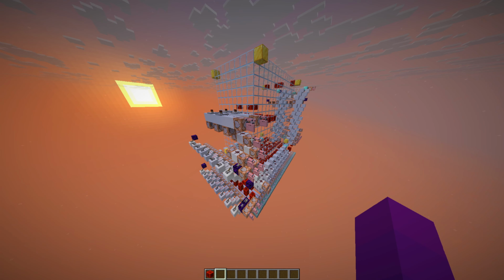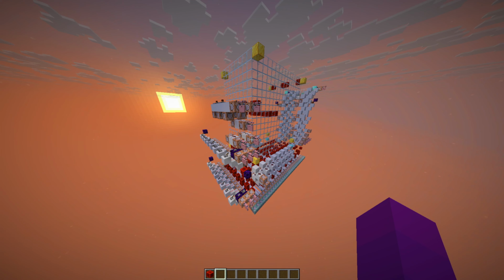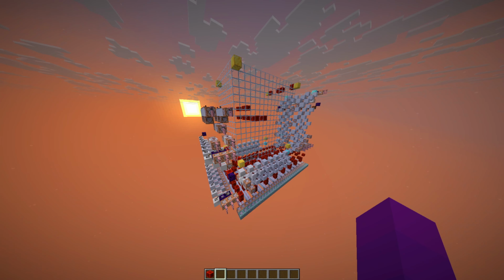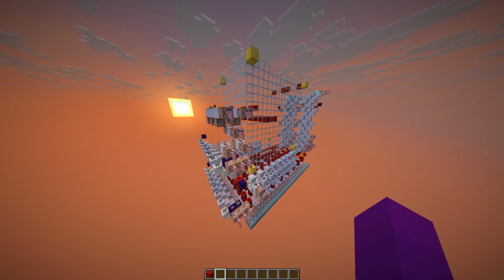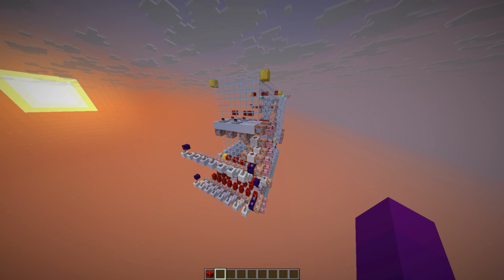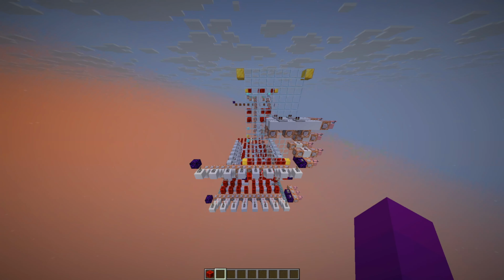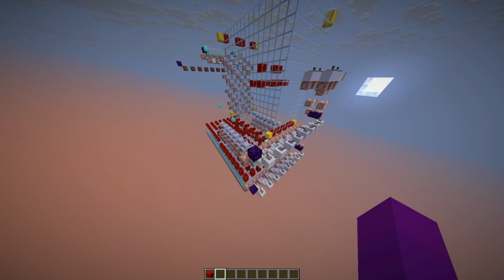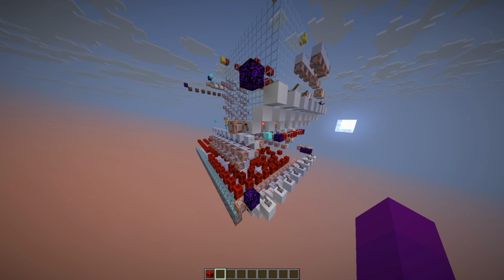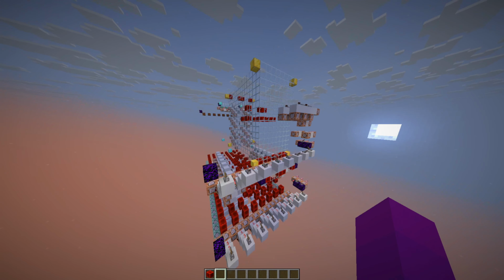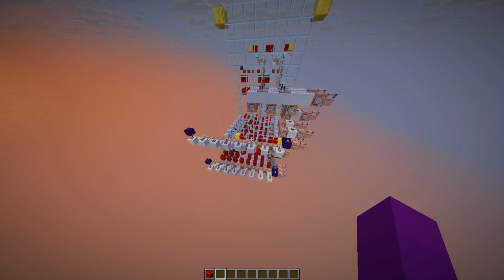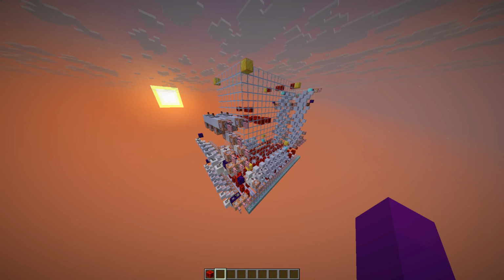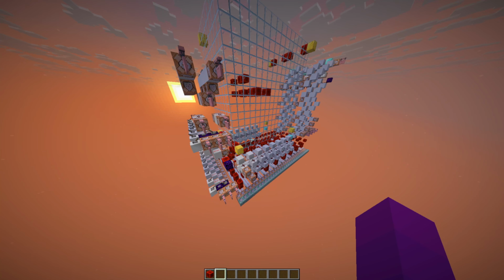If people are desperate, I can do a world download with this. Or I can go through more in depth how this is working, and I can explain each command block if you want me to, but it's fairly simple in how it works.